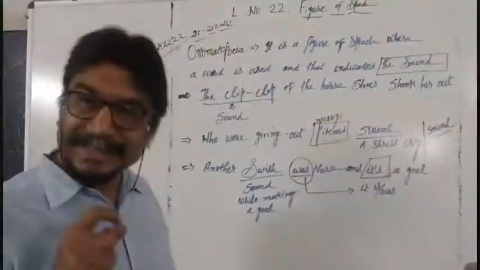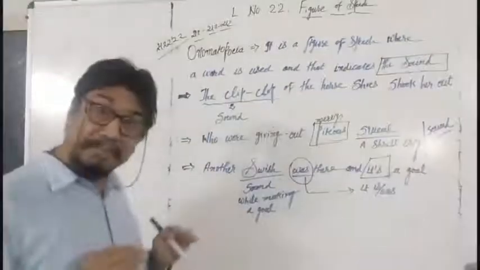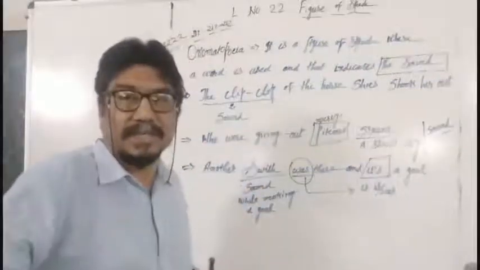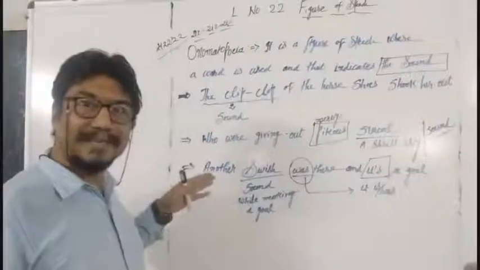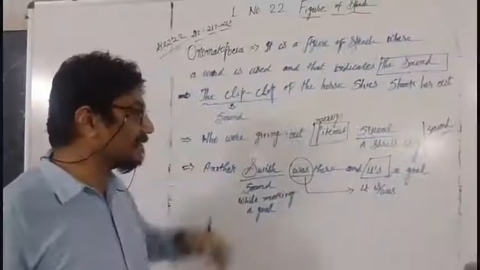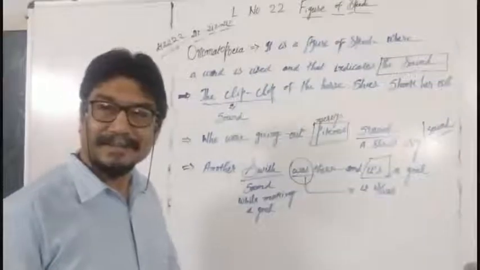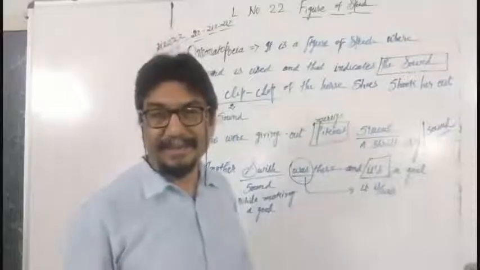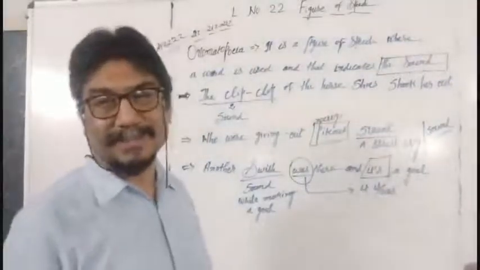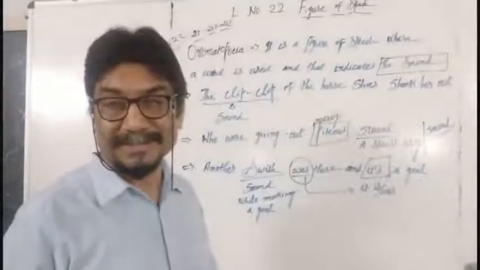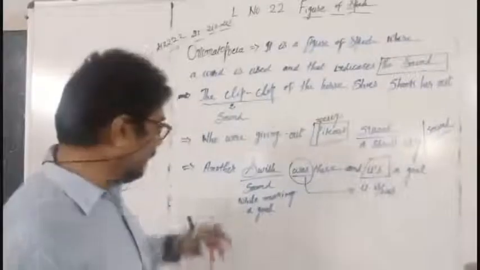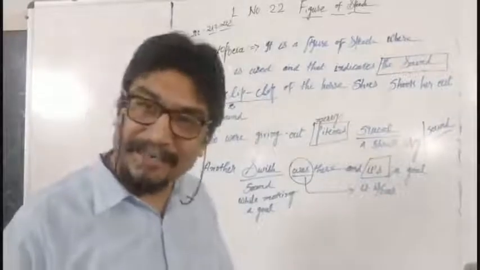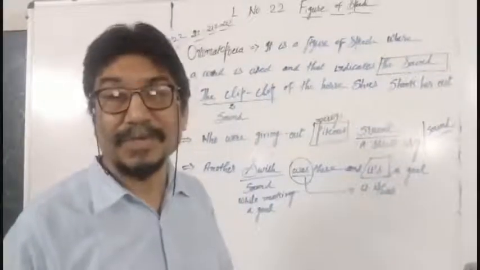Swish is the word that indicates the sound of a ball going in. That swish was able to tell you it was a goal in a basketball or football ground. When you have such a sound with a word, you will identify it as the figure of speech, onomatopoeia.